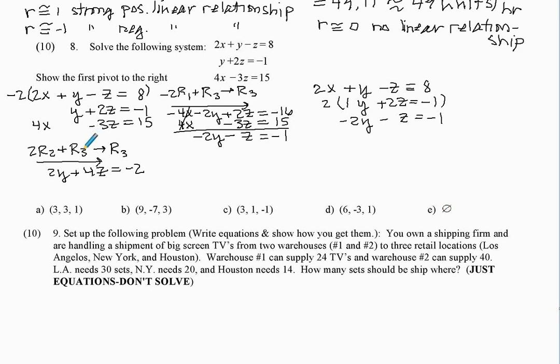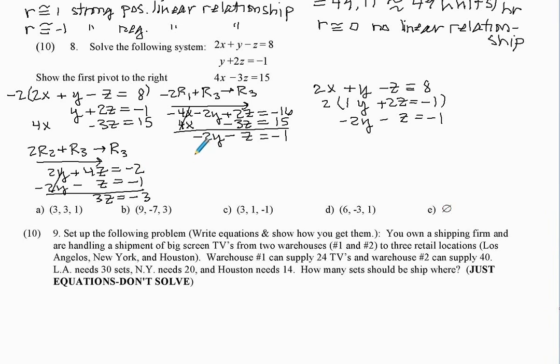Third equation, we're keeping the same: -2y minus z is -1. And then we add those up. The y terms cancel out. 4z minus z is 3z. And -2 and -1 is -3.